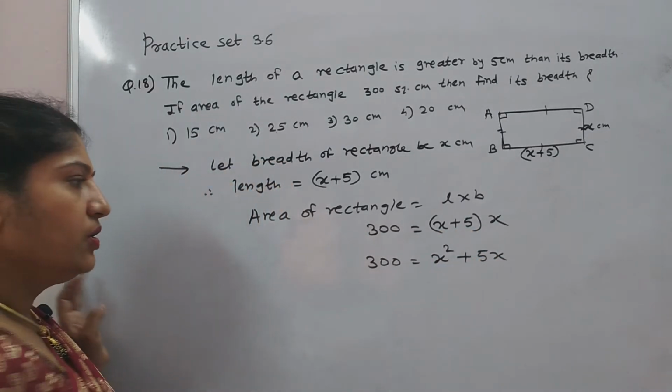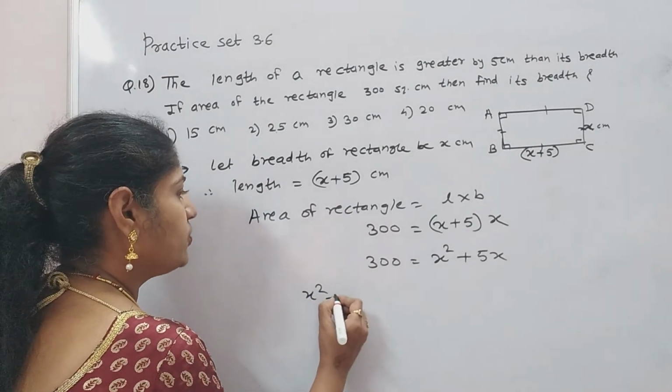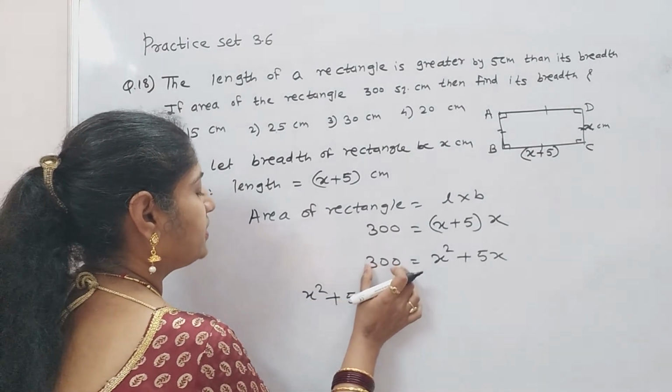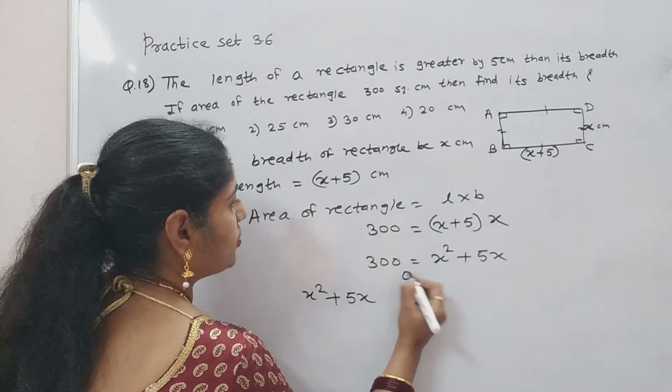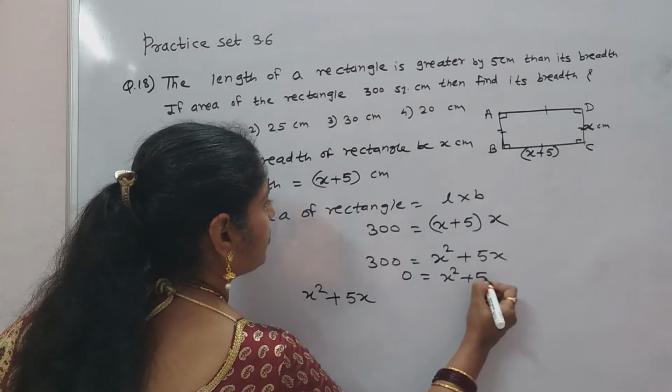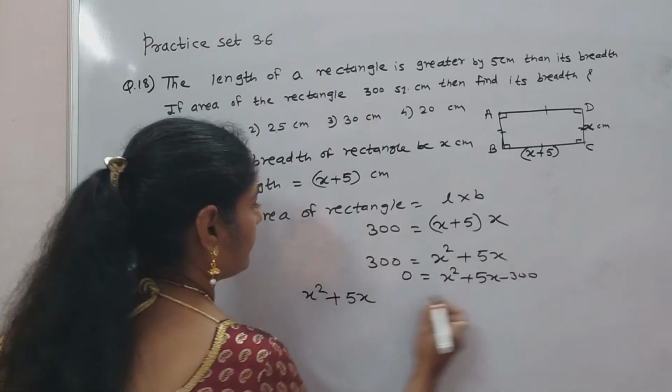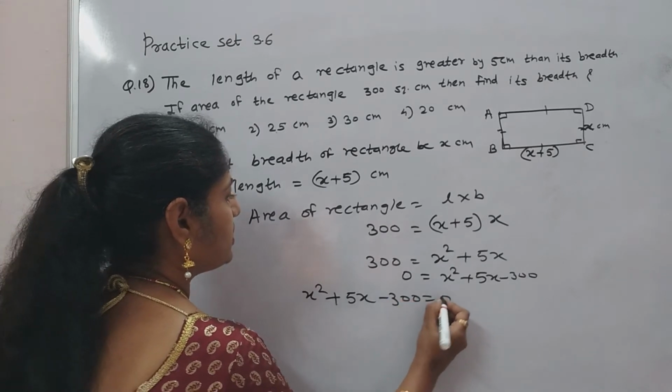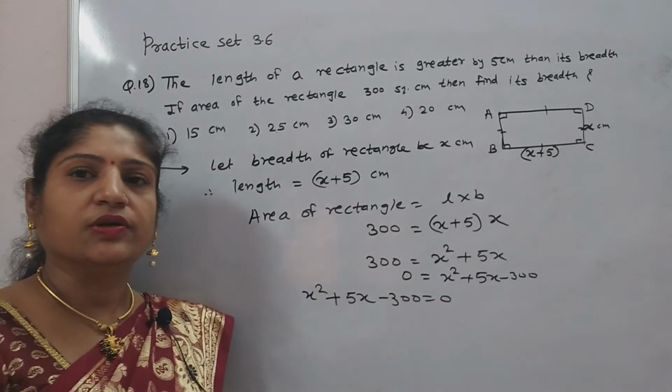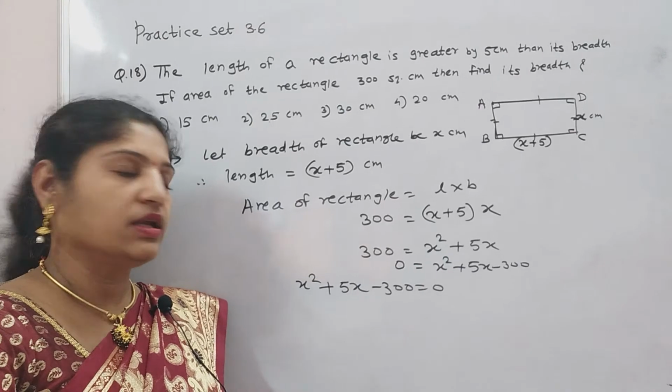Now bring 300 over: 0 equal to x square plus 5x minus 300. This is the quadratic equation. Now solve the quadratic equation.